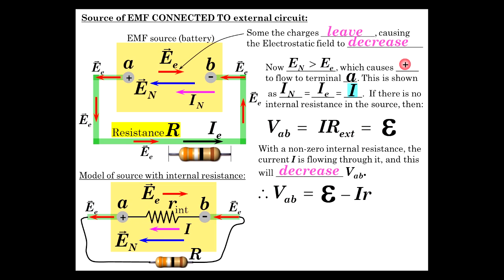Okay, hopefully that makes sense to you at this point. We'll continue to clarify how voltages drop across resistors. Higher energy on this side, lower energy on this side. As the charges move through this resistor, they lose energy. So that's why that makes sense. So VAB is subsequently reduced as well.